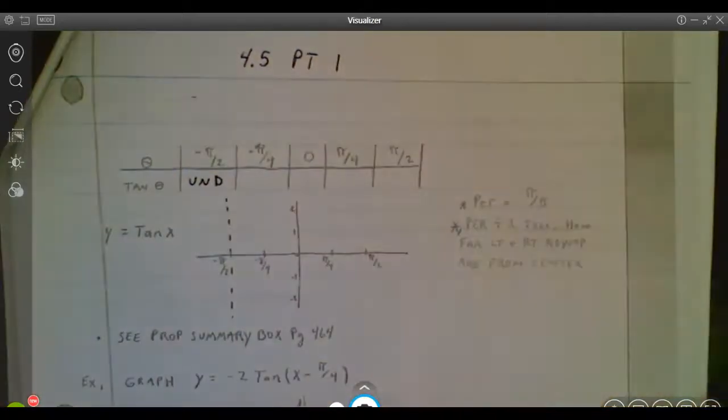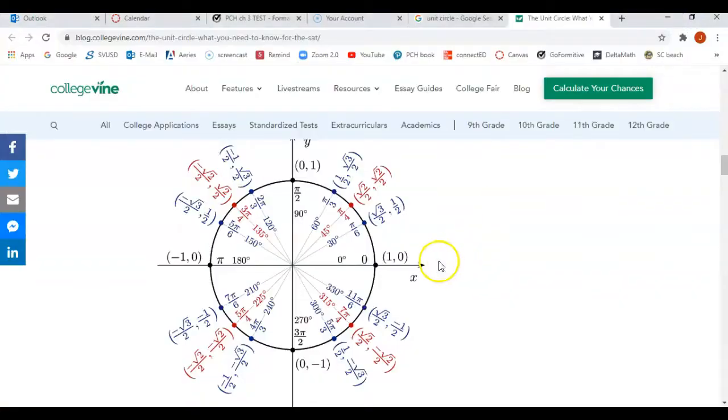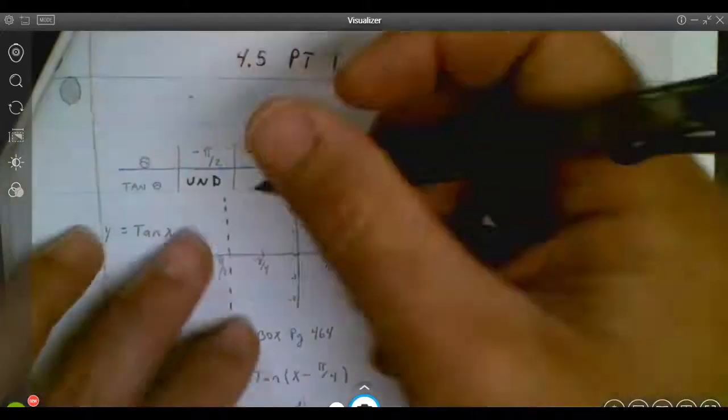for the tangent graph. Let's move to negative pi over 4. So here's positive pi fourths, and we're going to travel to negative pi fourths. Again, if I did my sine over my cosine, y over x, you can see in this case this divided by this would be negative 1. So that gives us the next point.